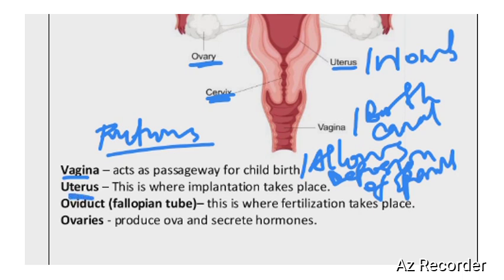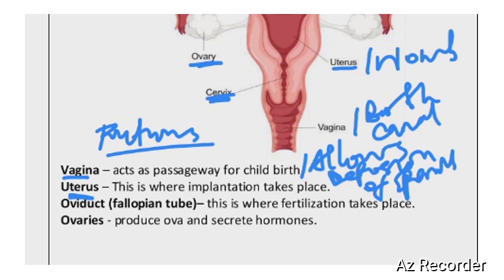From there we go to the uterus, which allows for what we call implantation to take place. Implantation is the attachment of the zygote or the blastocyst on the walls of the uterus for nourishment. So the function of the uterus is to allow for implantation.